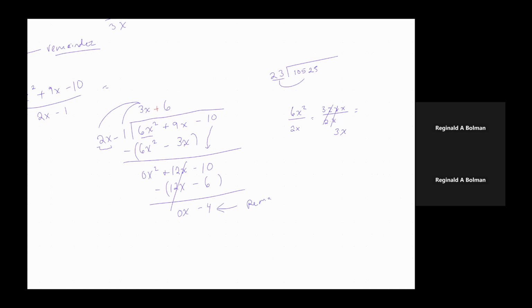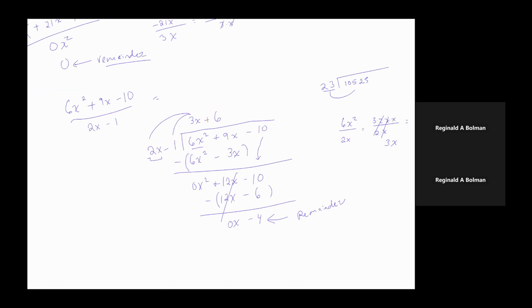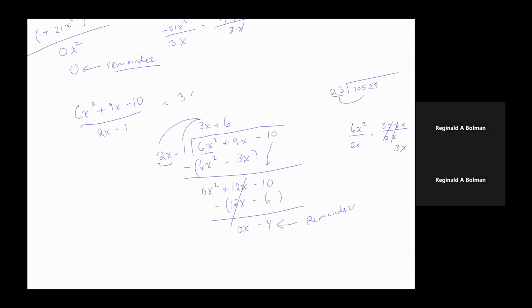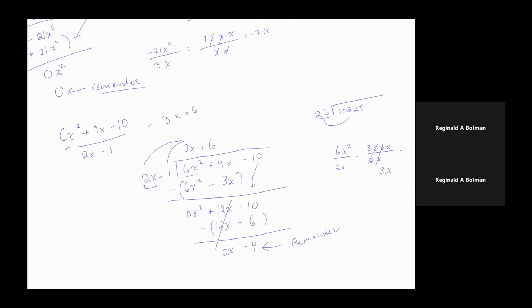And so what this tells us is that 6x squared plus 9x minus 10 all over 2x minus 1 is the same thing as 3x plus 6. And here's what we do with the negative 4. We're going to write that as a negative 4 in the numerator.